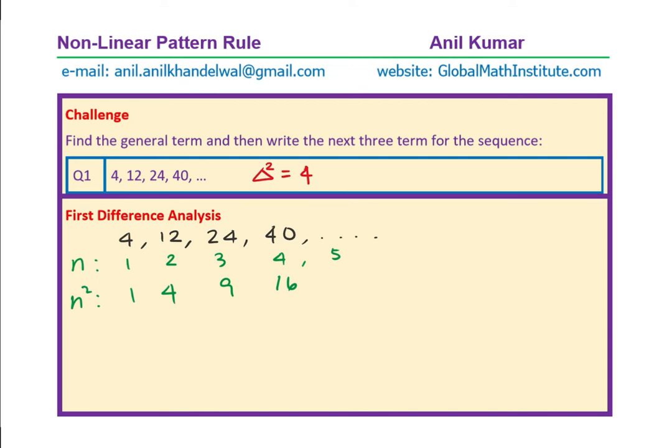Now, when the finite difference was 2, we had only 1 n squared. But when it is 4, we will notice that the formula could be 2n squared. So if I double this number, I get 2, 8, 18, 32. You see that? Now, if I have these numbers, what is left from the main formula?